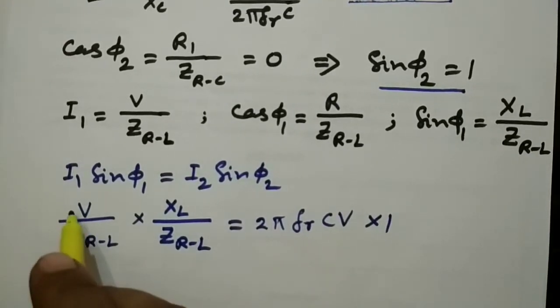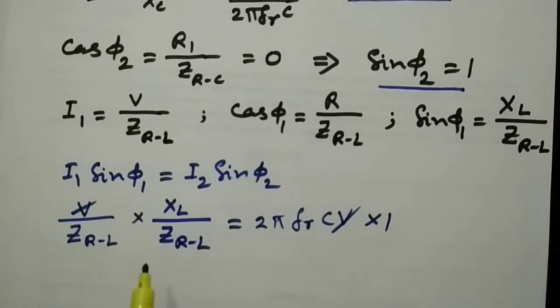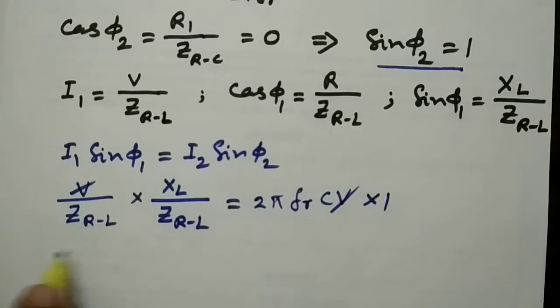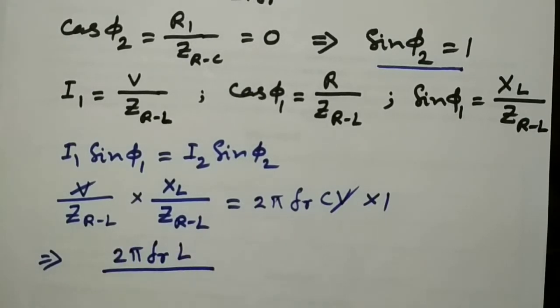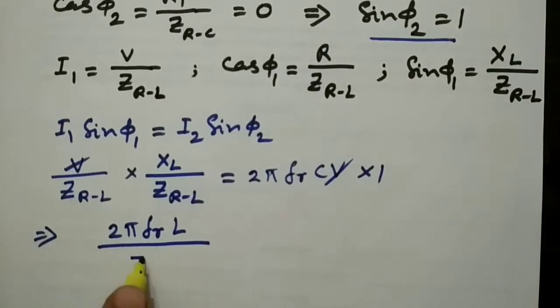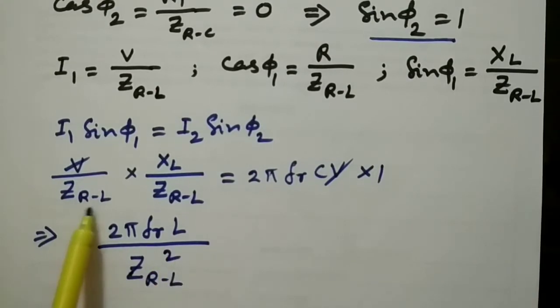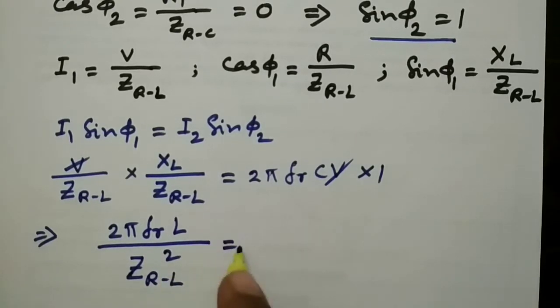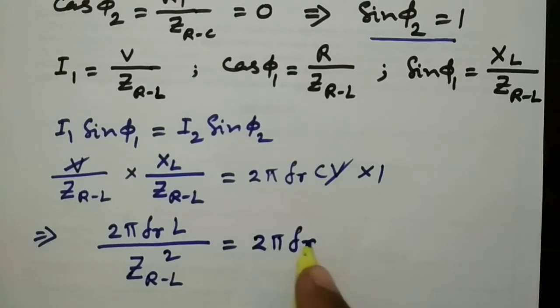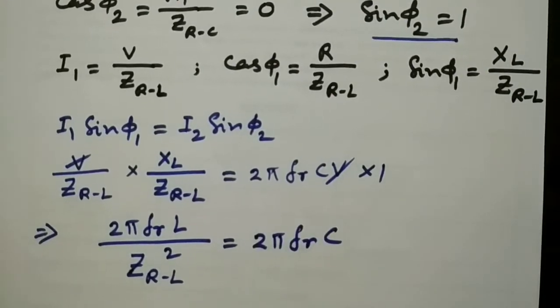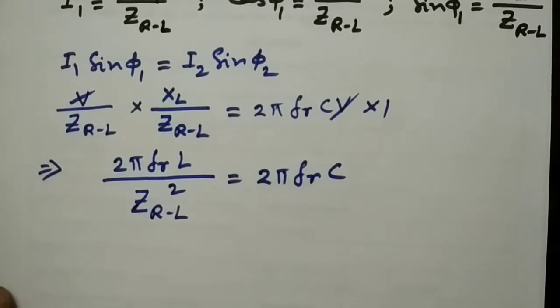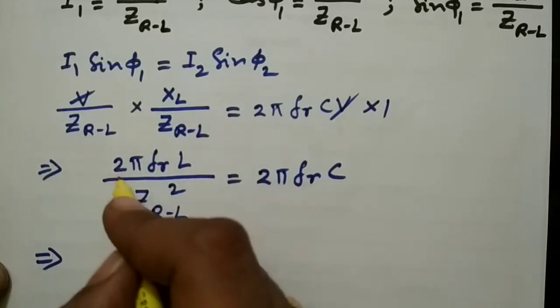So V cancels from both sides. XL can be written as 2 pi FR into L upon the square of the impedance of the RL branch, ZRL into ZRL, so it will be ZRL square, and here it is 2 pi FR into C. We can see that 2 pi FR will be cancelled from both sides.